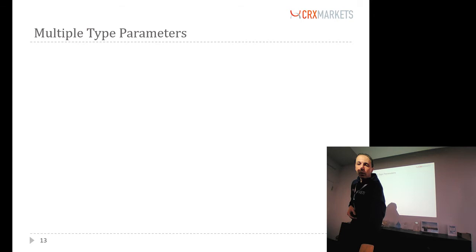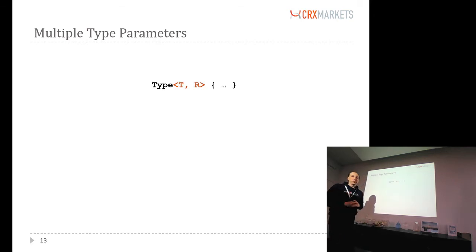What about multiple type parameters? Well, there is an interesting type that we all know and love in Java that has two type parameters. One of them goes inside, the other goes outside. So this is, of course, the interface Function.